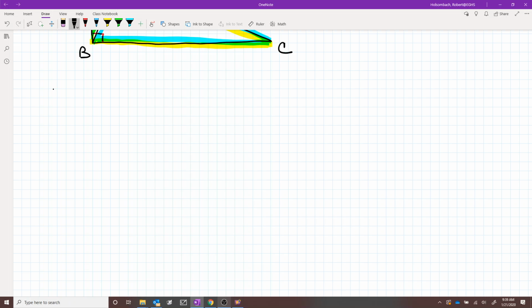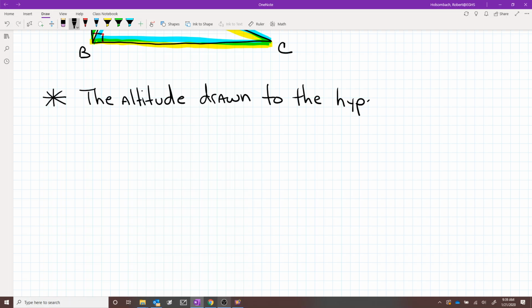The altitude drawn to the hypotenuse of a right triangle separates the hypotenuse into two segments.